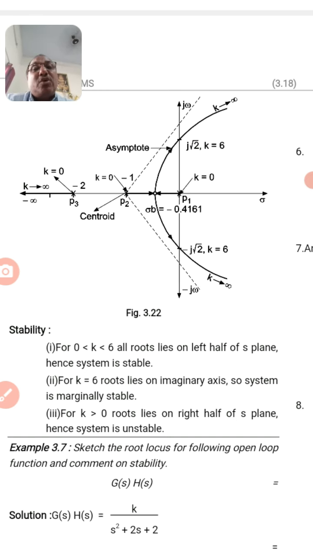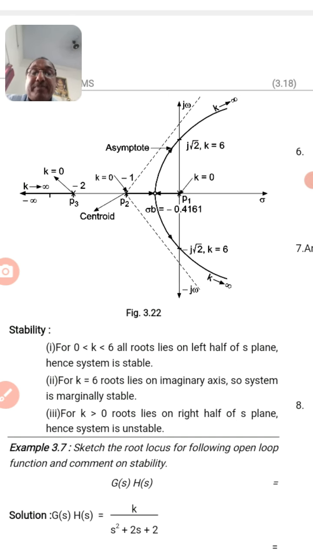Above 6, the roots go into the right hand side of the S plane, or go positively. So this root locus or asymptotes will follow the actual path of stability.